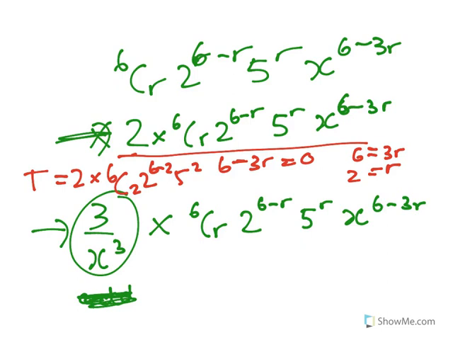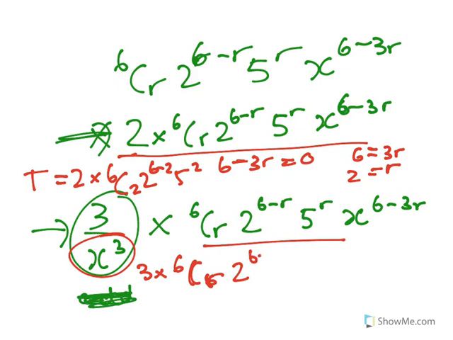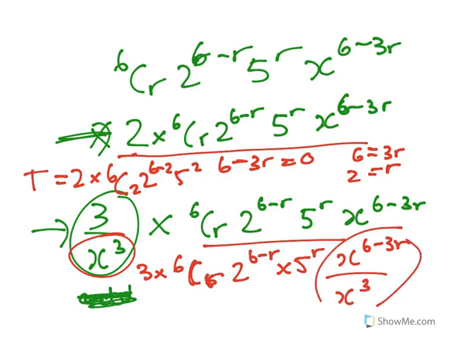For the other term independent of x, we've got to rearrange this, so we go 6Cr, and I'm going to keep the 3 there, but I'm going to put this under the x's, 2 to the 6 minus r, 5 to the r, x to the 6 minus 3r, all over x^3. So that is going to simplify to x to the power of 6 minus 3r minus 3, which is x to the 3 minus 3r.